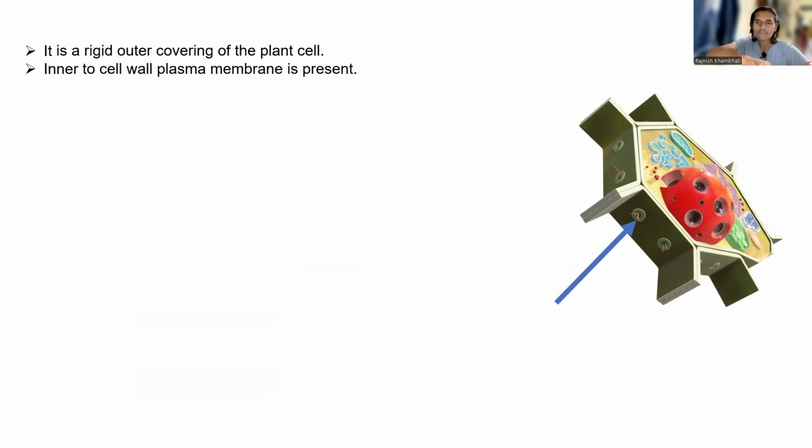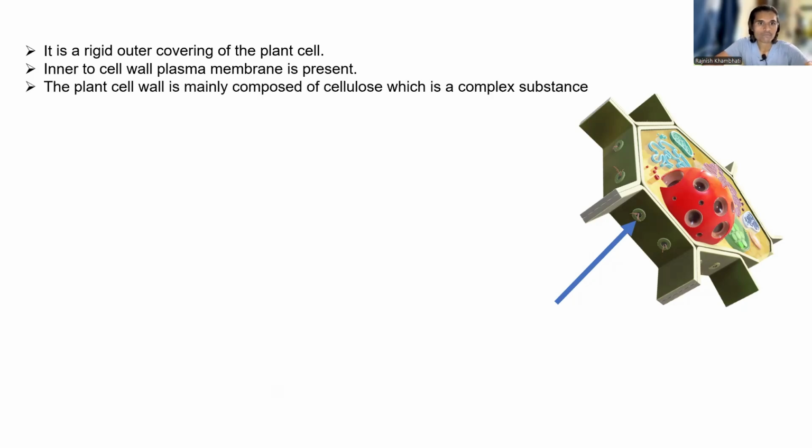Means outside the cell wall, inside it is the plasma membrane. The plant cell wall is mainly composed of cellulose, which is a complex substance. So the plant cell wall is made up of cellulose.